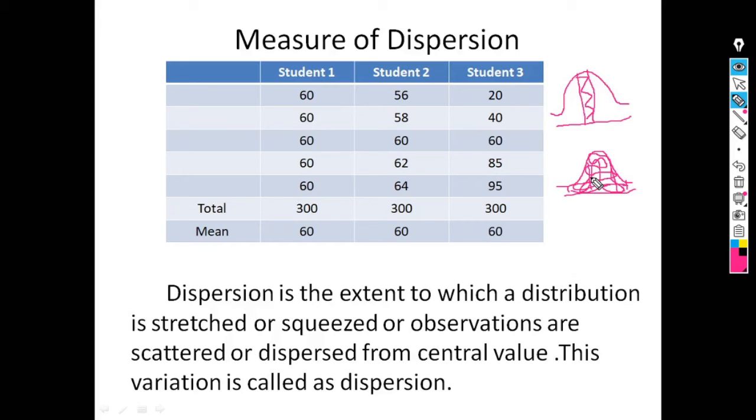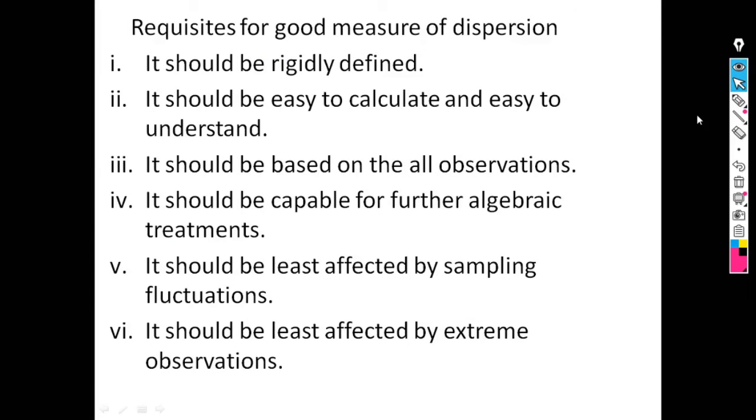Our next topic is measure of dispersion. What are the requisites of a good measure of dispersion? The first requisite is it should be rigidly defined. Rigidly defined means it should have a clear and stable definition. Second, it should be easy to calculate and easy to understand.